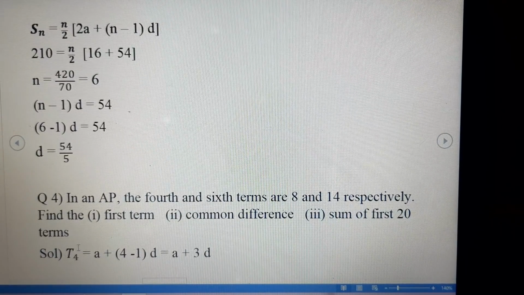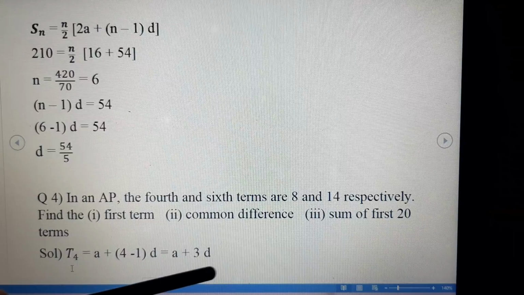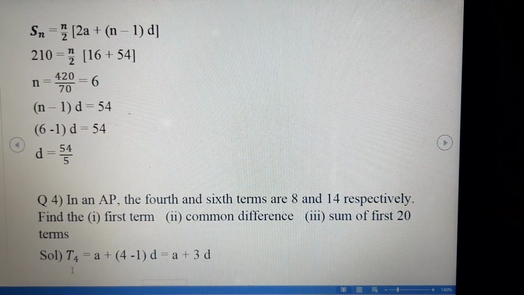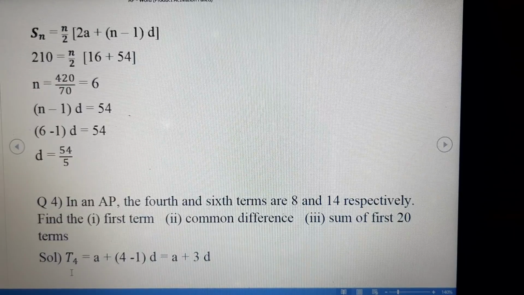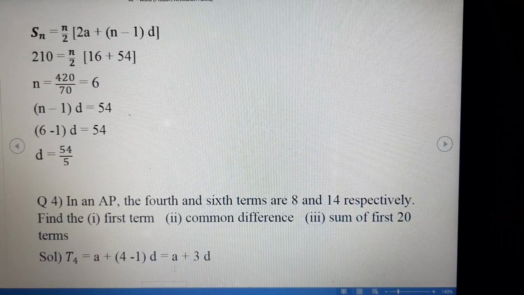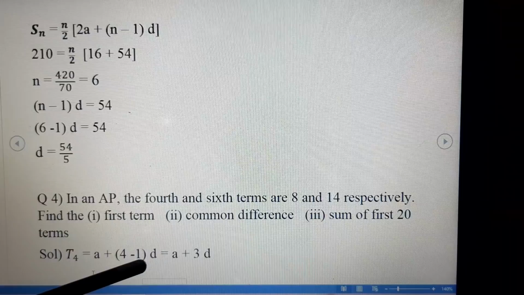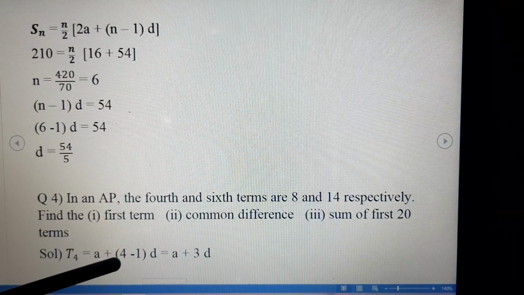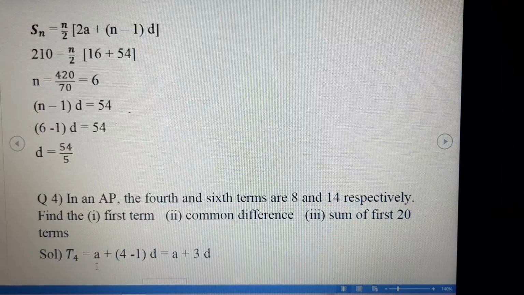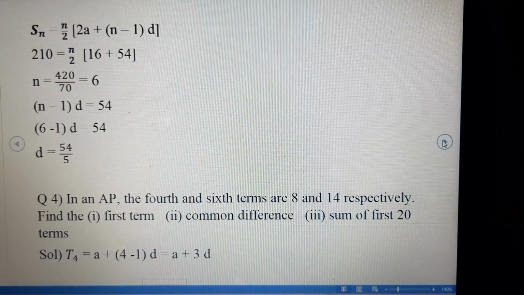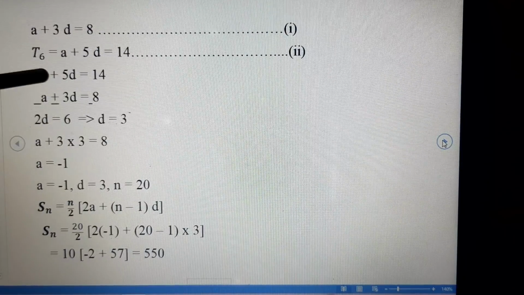It means the fourth term can be written as a plus 3d, the fifth term can be written as a plus 4d, the sixth term can be written as a plus 5d. Are you getting it? Because 5 minus 1, 4D. Sixth term, 6 minus 1, so 5D. Are you getting it? So the fourth term will be A plus 3D and the sixth term will be A plus 5D.